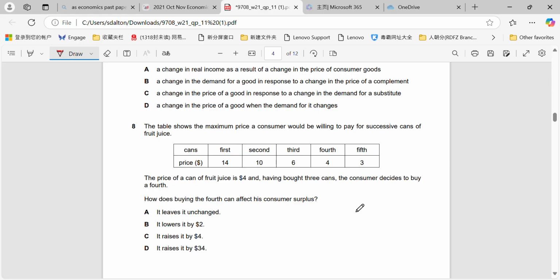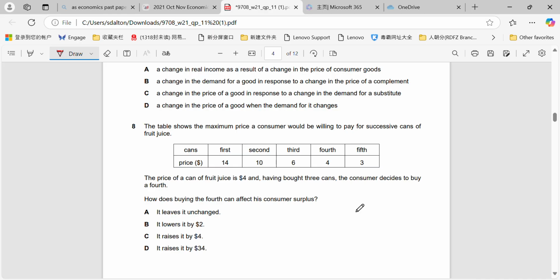Okay, question 8. The table shows the maximum price a consumer would be willing to pay for successive cans of fruit juice. The price of a can of fruit juice is $4, and having bought 3 cans, the consumer decides to buy a 4th. How does buying the 4th affect his consumer surplus?